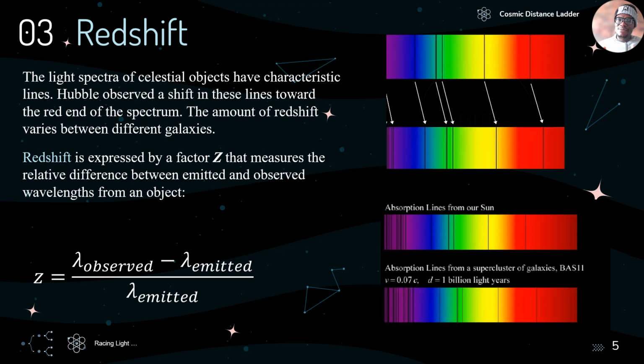For objects moving away, we see that these lines are shifted to the red end, and for objects coming closer, these characteristic lines are shifted to the blue end. Redshift itself is denoted by z and is expressed as the relative difference between the emitted and the observed wavelength from an object.